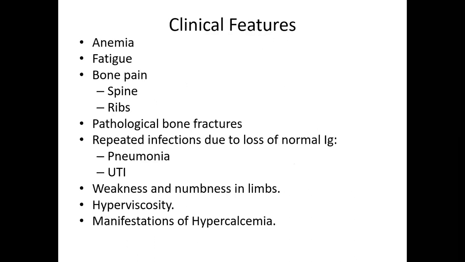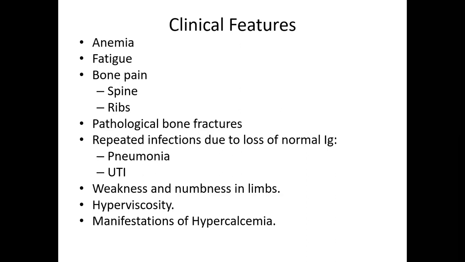The clinical presentation, the disease is slowly progressive and deceiving. It can deceive us in the beginning. The patient may present with fatigue, bone pain, pain in the spines and the ribs that sometimes is attributed to hematological diseases. The patient also may present with anemia, and ultimately the patient will present with pathological fractures, like fractures in the spine, in the long bones, and ribs.